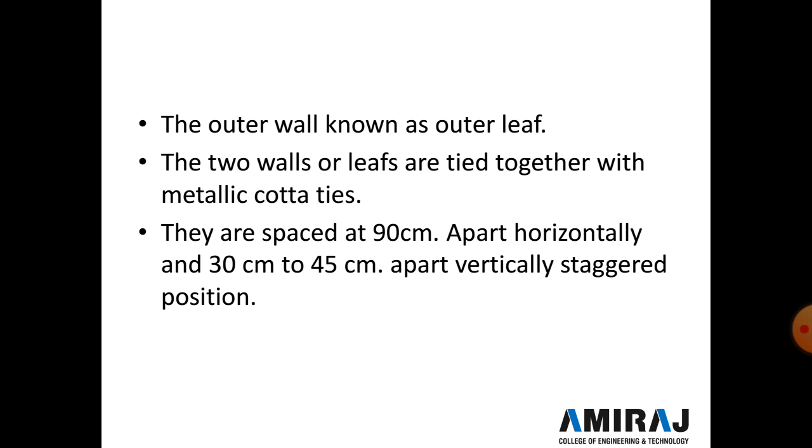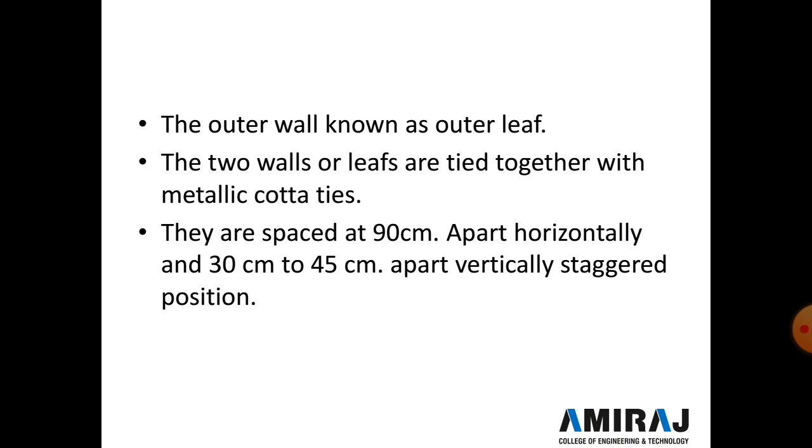Now the outer wall is known as the outer leaf and consists of a 10 centimeter thickness, and the inner wall is thicker and stronger to carry the impact load safely. The two walls or leaves are tied with each other with metallic coated ties to obtain structural stability.